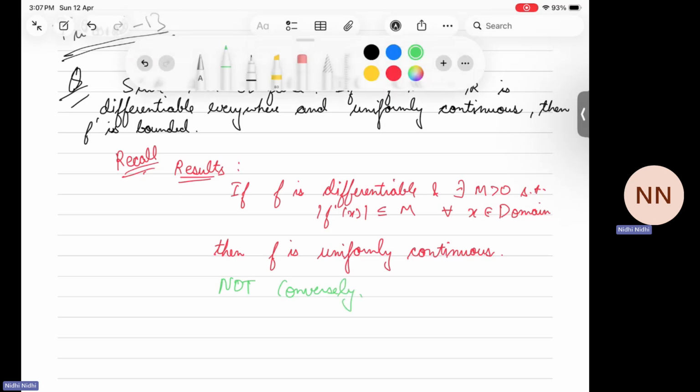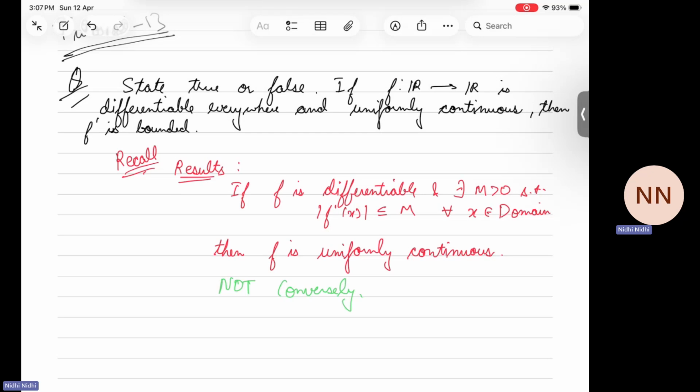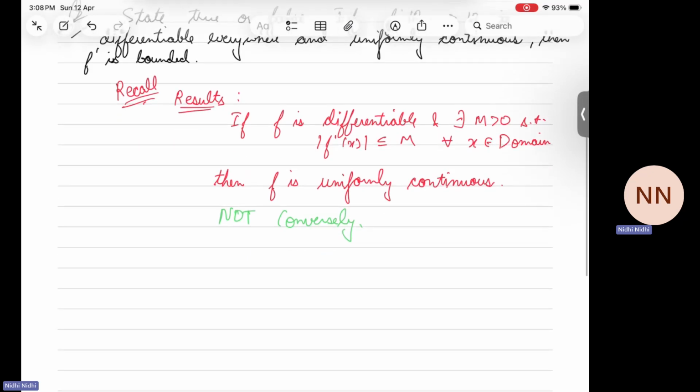So now since I'm saying that the converse does not hold, I should be able to give you some exact example. That's what I was not able to provide you in the previous session. At that time I was a bit confused about the example.